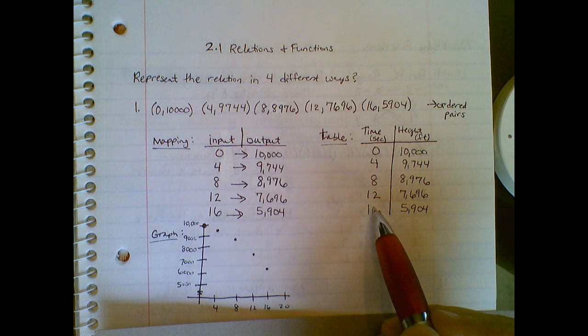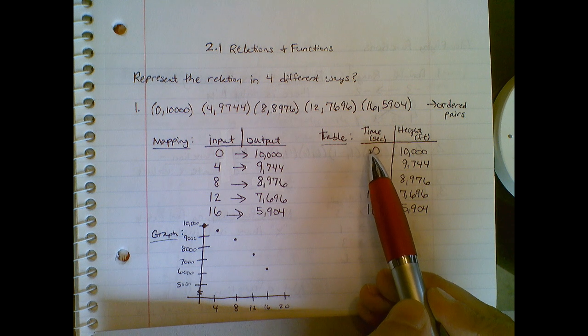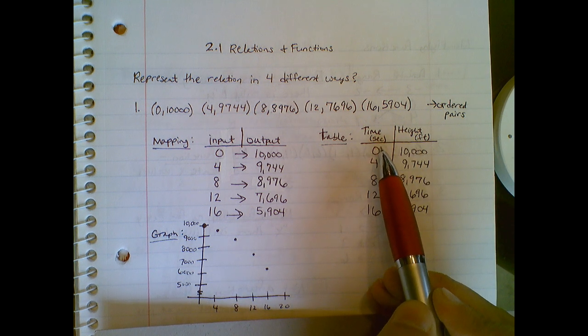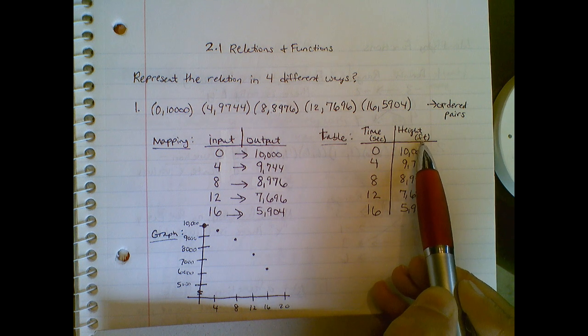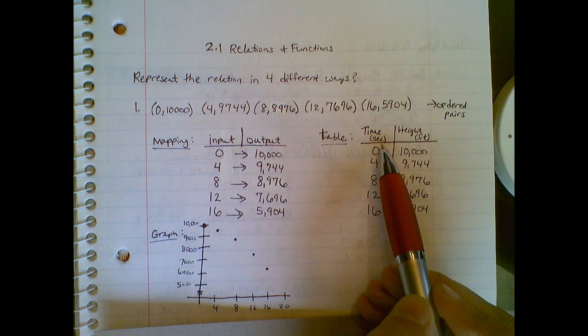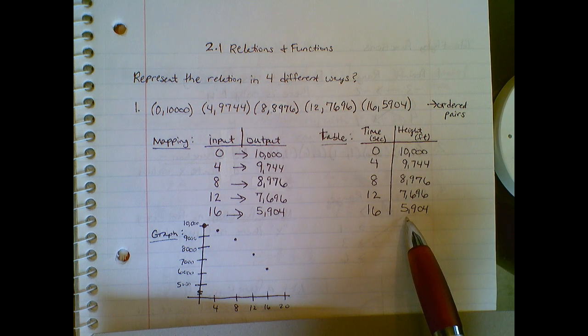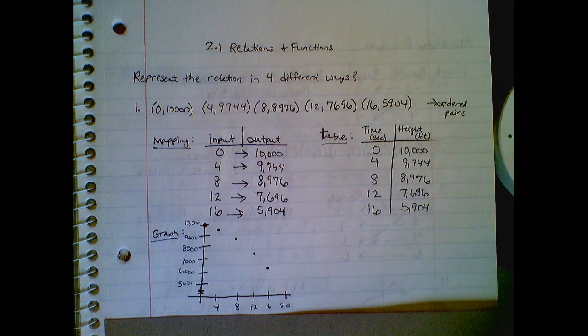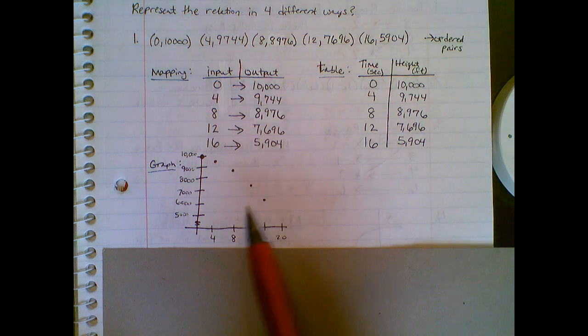Another way we can represent this is making a table. So the table, instead of saying x and y, maybe my x is my time in seconds, and then maybe my y value is my height in feet. And then I just put my x values here, my y values here. So that would be a table. And then the fourth and final way to represent a relation is by a graph.